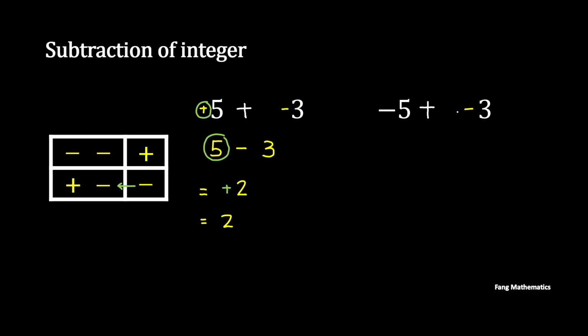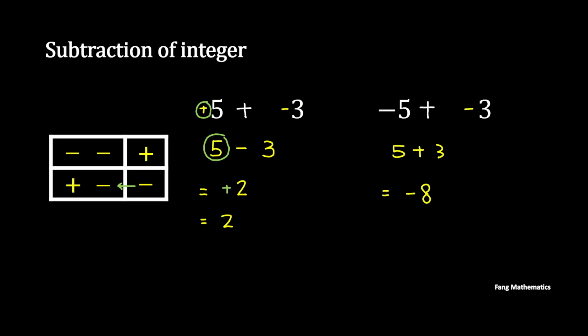So minus 5 and minus 3. When the signs are the same, we are to add the two numbers together. So 5 plus 3 gives you 8, and you are to attach the minus sign that is attached. You should get your final answer as minus 8.